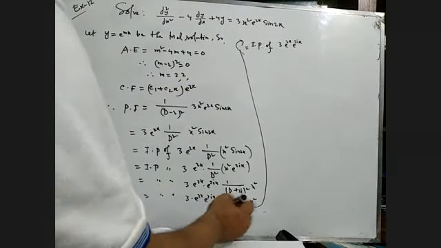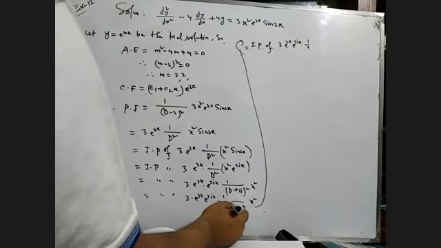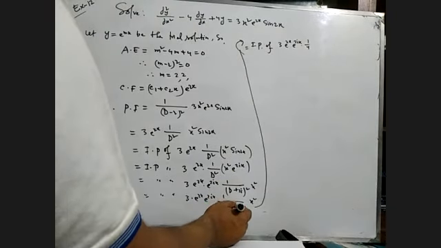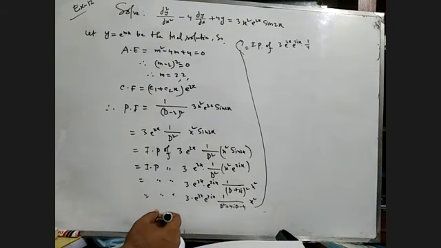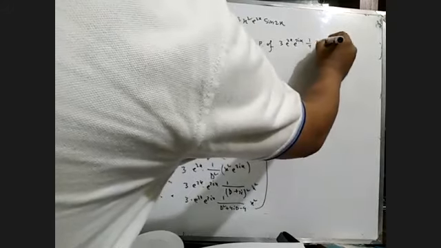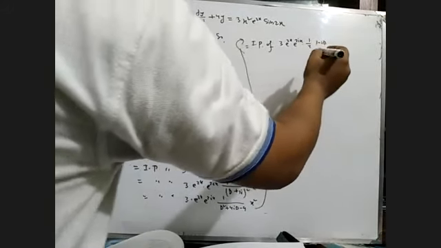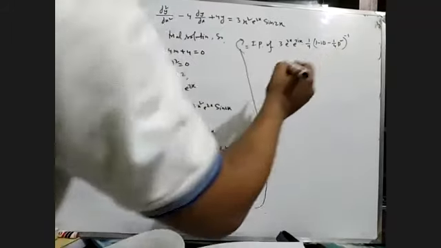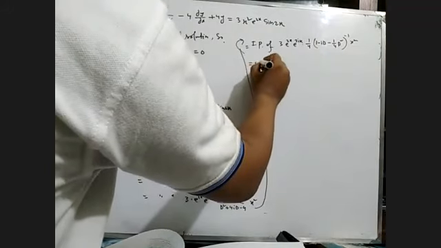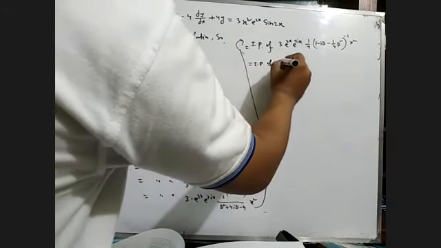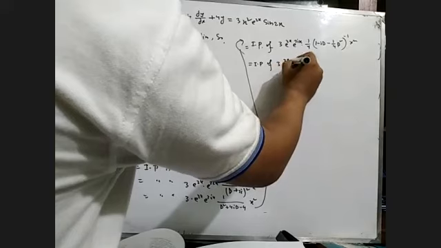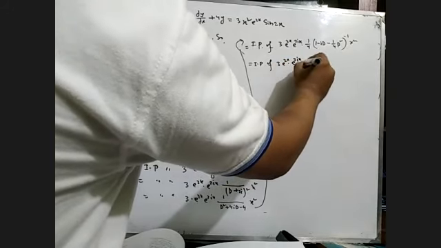But if we take 4 common from here, 1 by 4, then it will become (D square by 4 plus iD minus 1). So this can be written as 1 minus (iD minus 1 by 4 D square) to the power minus 1 into x square. Okay, so the imaginary part of 3 e to the power twice x e to the power twice ix by 4.